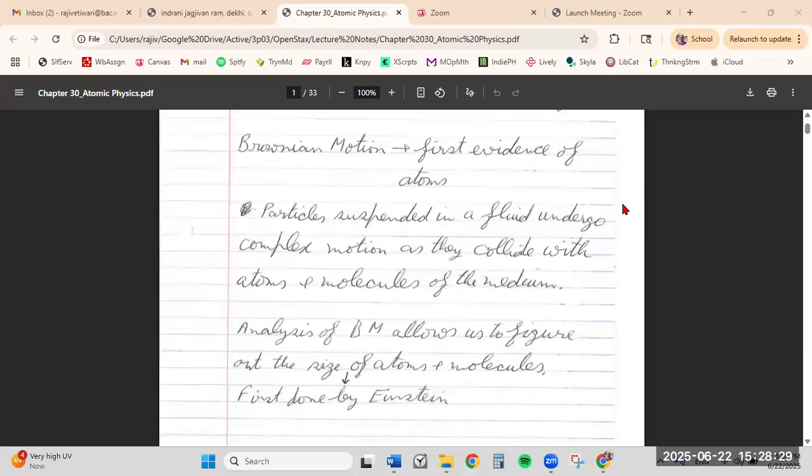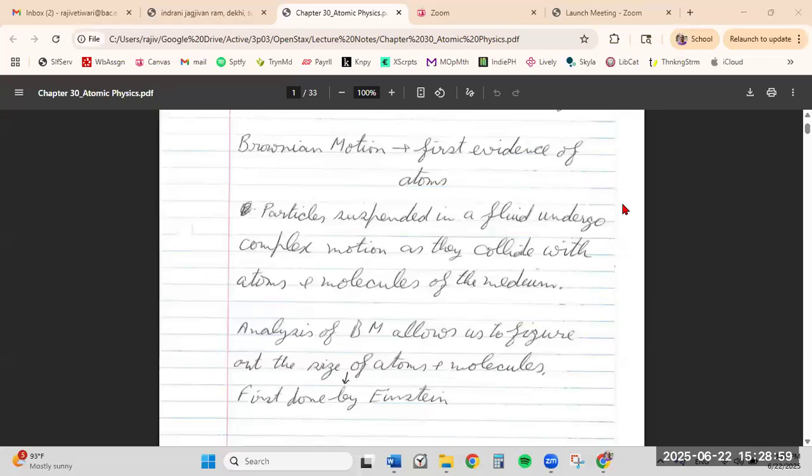In the modern period, the first evidence of the atom was found in what's called Brownian motion. Brownian motion is a motion where, if you have particles suspended in a fluid, whether a gas or a liquid, then these particles undergo complex motion as they collide with atoms and molecules of the medium.